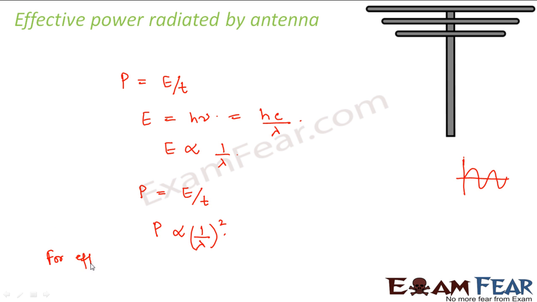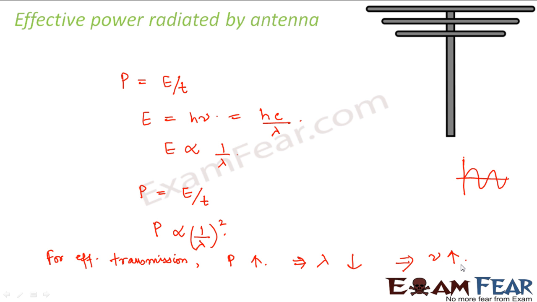So, for effective transmission of signals, power should be more. Now, if I want the power to be more, then the lambda, that is the wavelength, should be less. And if the wavelength is less, the frequency is going to be more. Therefore, high frequency is needed for effective transmission, right?